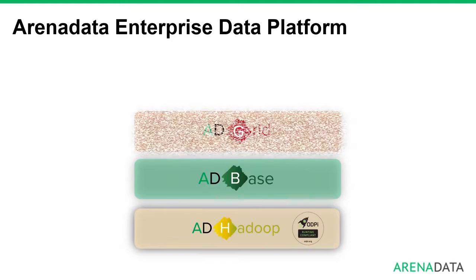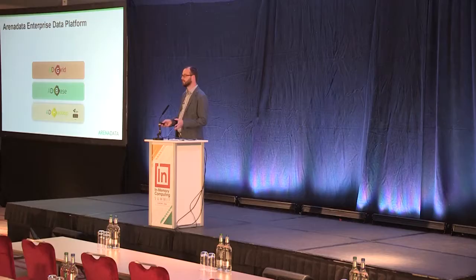And the last product, which is currently in development and not released yet, but is in GA, is called Arenadata Grid. It's based on Apache Ignite and very similar to the open source version. But currently we are developing the platform, I mean the deployment and configuration tool, which allows you to deploy Apache Ignite using a graphical user interface, without any XML reconfiguration.